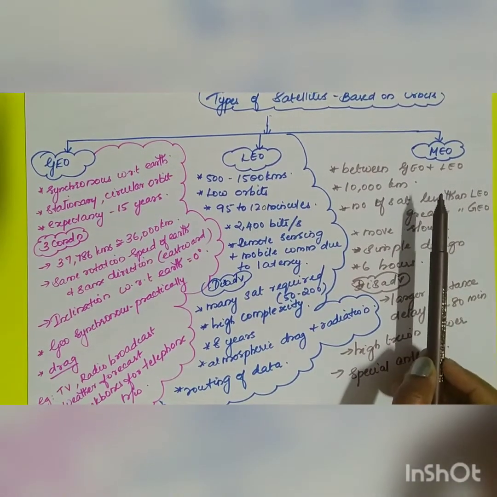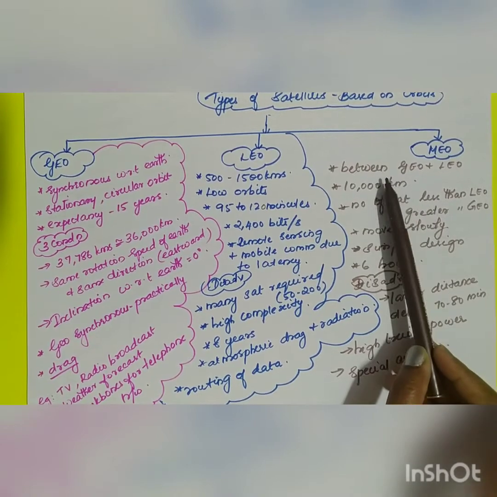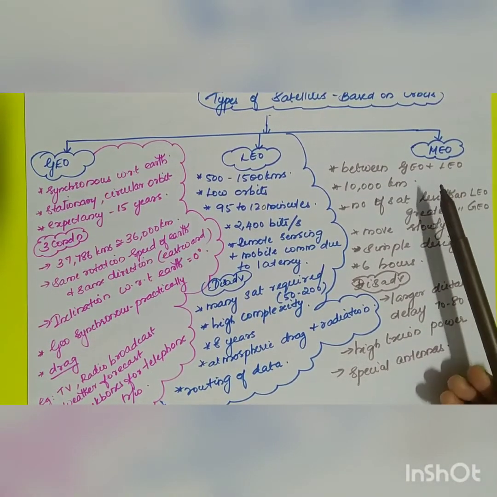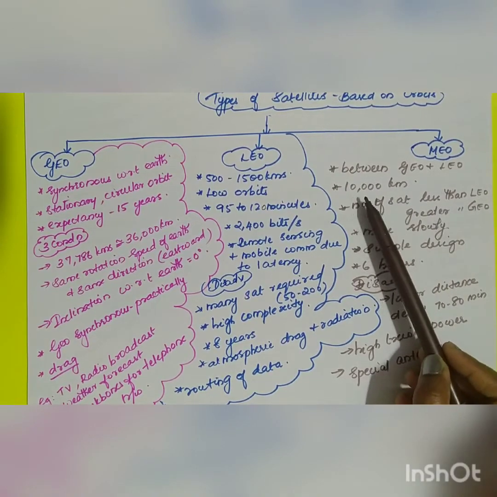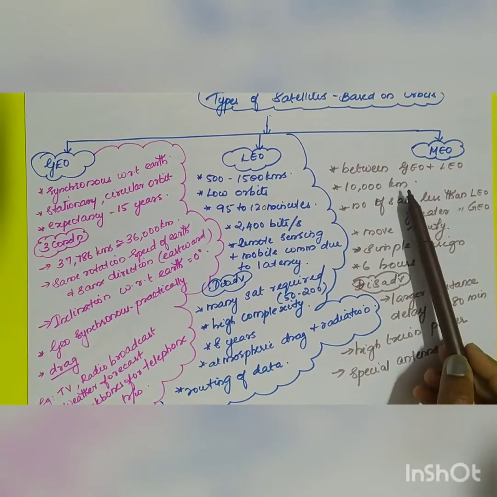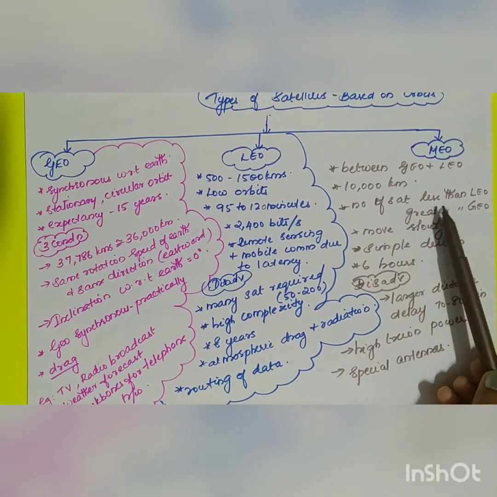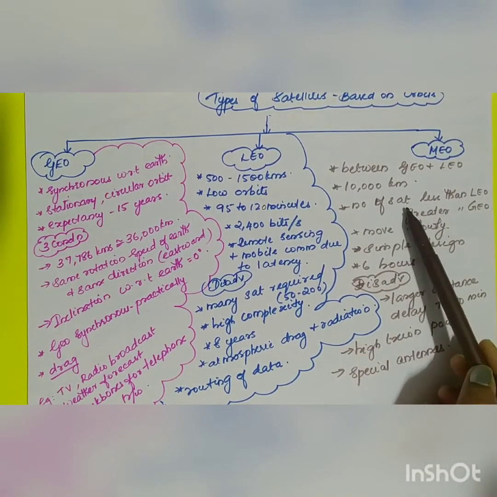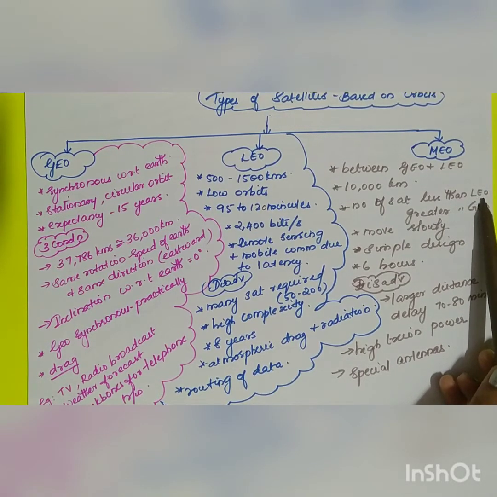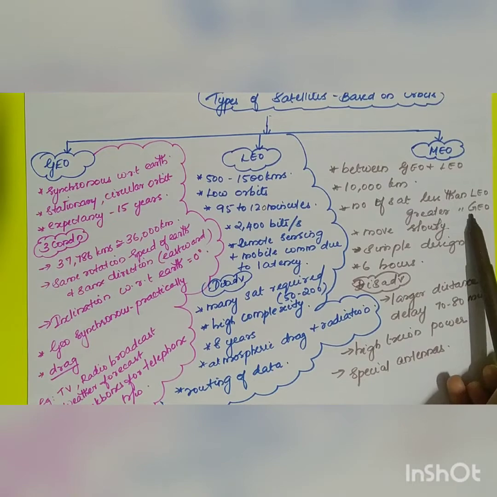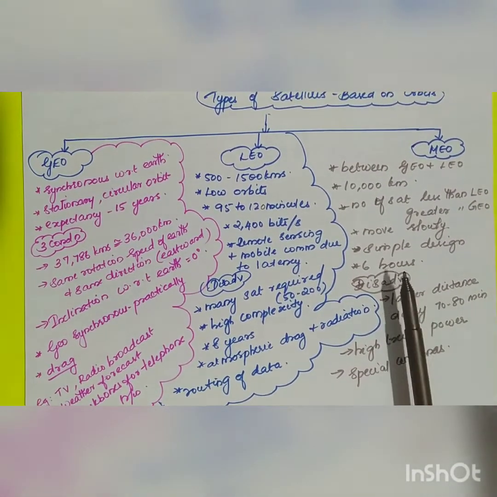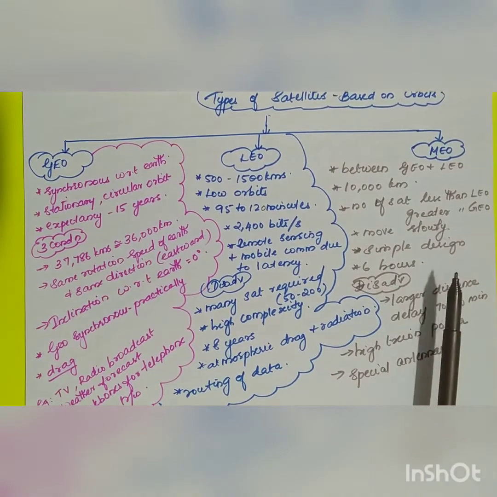Now moving on to the medium Earth orbit, it is between your geostationary and your low Earth orbit. It is 10,000 kilometers above the Earth's surface. The number of satellites will be less than low Earth orbit and greater than geostationary orbit. It moves slowly and it is simple in design.